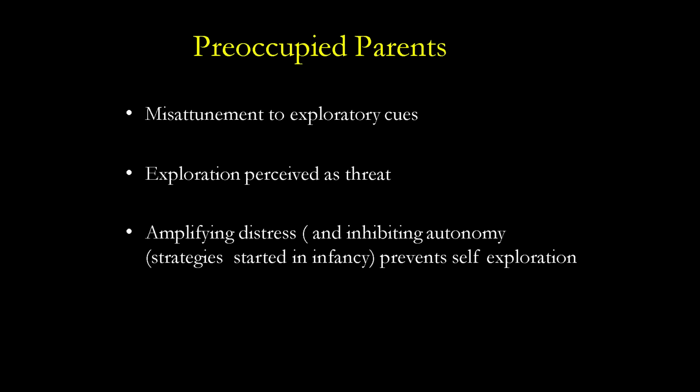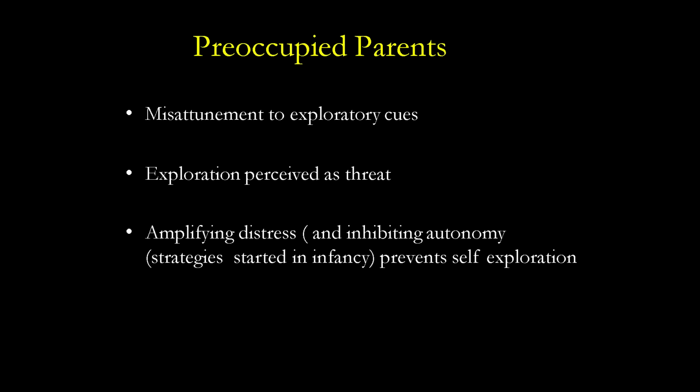Exploratory meaning wanting to discover things on their own, wanting to pursue their most unique, independent sense of selves. That's perceived as a threat to preoccupied parents. Why? Because it takes the child away from the needs of the parent. So as you can see, there's a role reversal here.